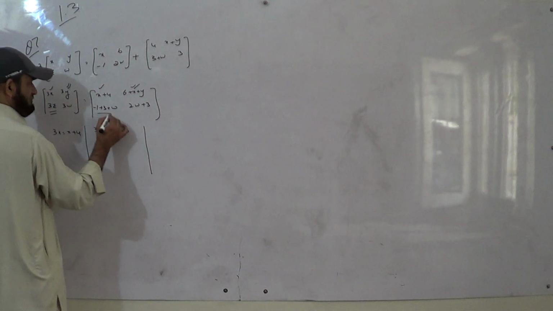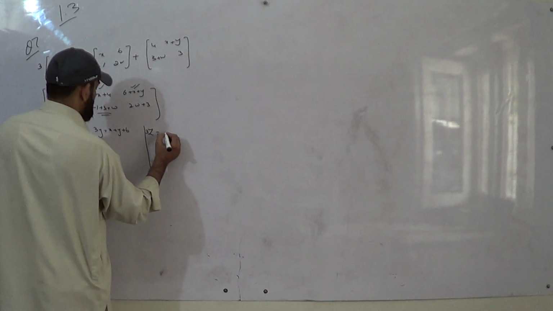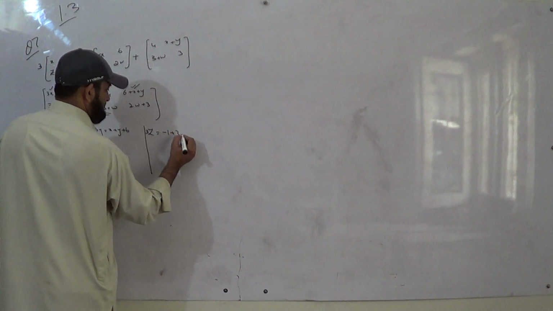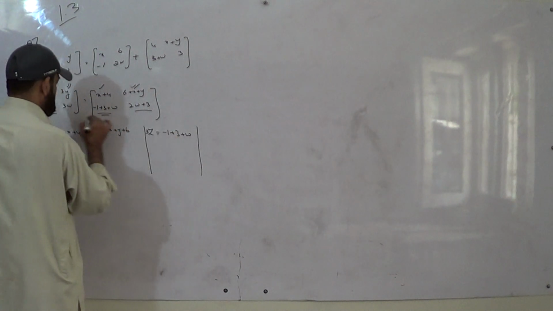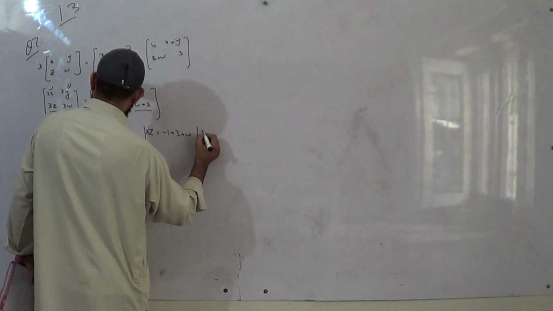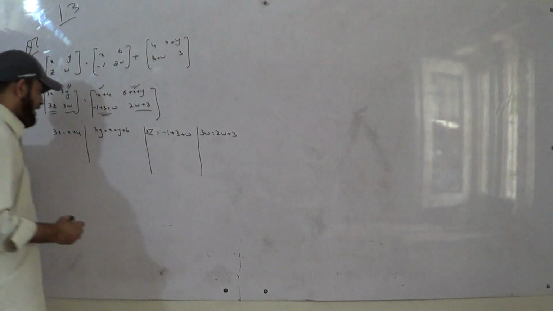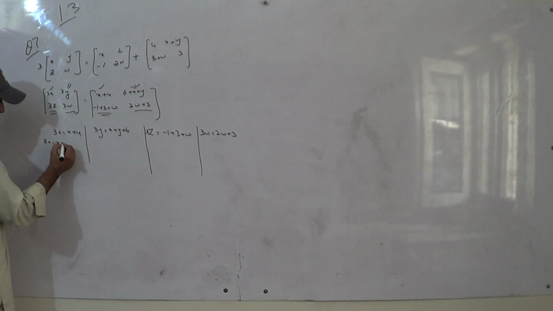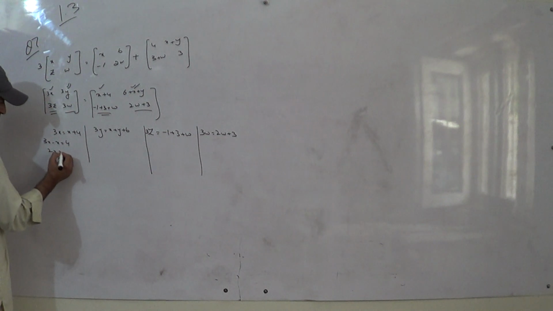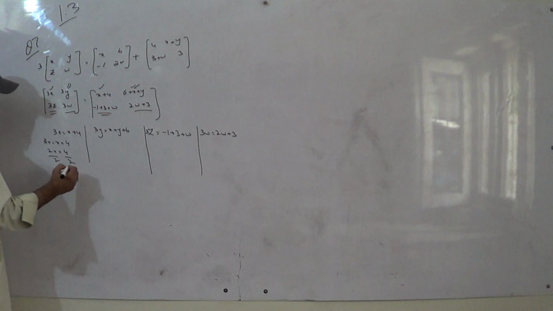Third equal to third: 3z equal to minus 1 plus 3 plus w, and fourth: 3w is equal to 2w plus 3. Now shift this 3x on the left hand side. We get 2x equal to 4, divide by 2, x equal to 2.